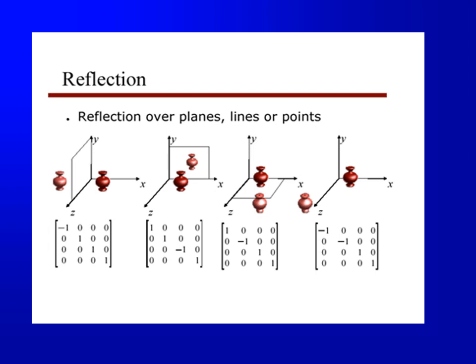Then third is for the xz plane, because y is -1, right? And this last one is for the origin matrix.